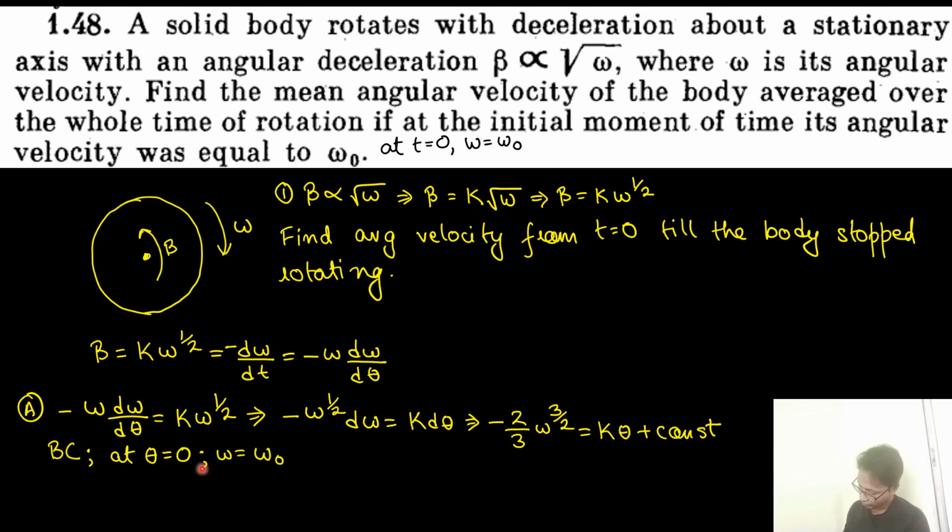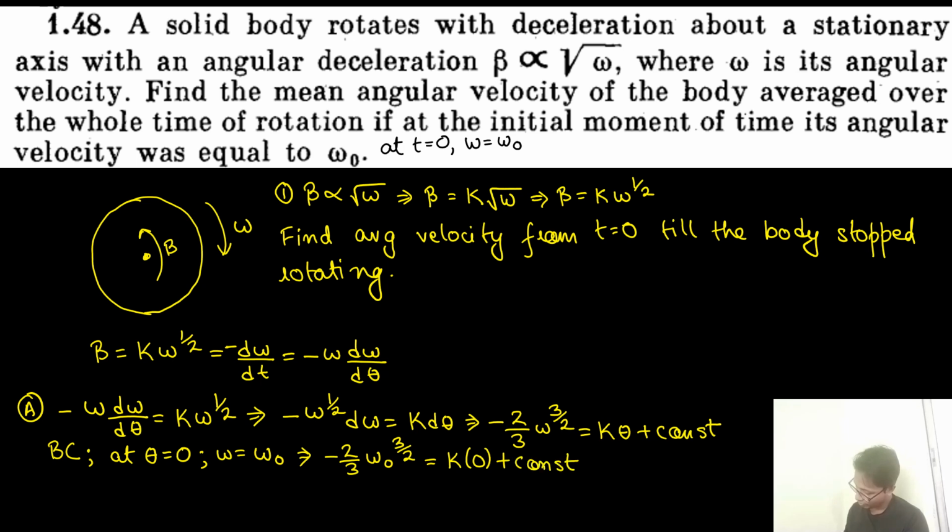Now putting these two values here, what do I get? I get minus 2 by 3 omega naught to the power 3 by 2 is equal to k into 0, which is nothing but 0, plus some constant.